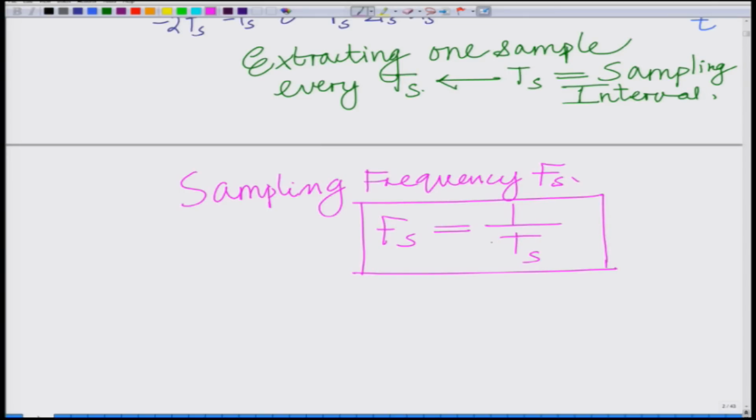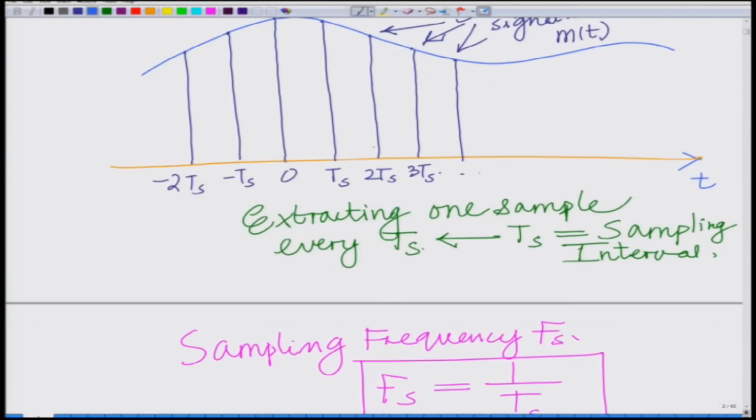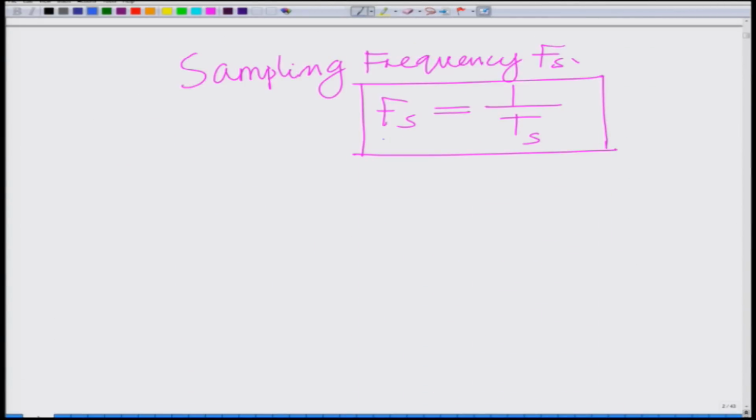Since you are extracting samples once every interval of duration Ts, the sampling interval is Ts, and the sampling frequency is 1 over Ts, which is denoted by Fs.